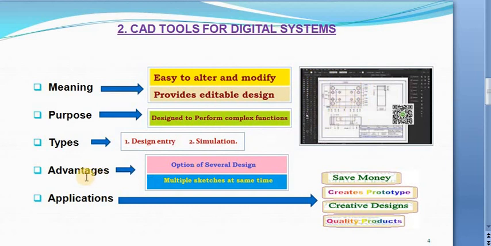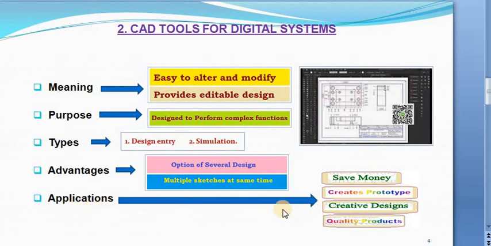Now let's study the advantages of CAD tools which are used for digital systems. The basic advantage is that with the assistance of CAD, the designers can have the option of having several sketches of the given design at the same time. Now there are many applications of CAD tools which are used for digital systems.